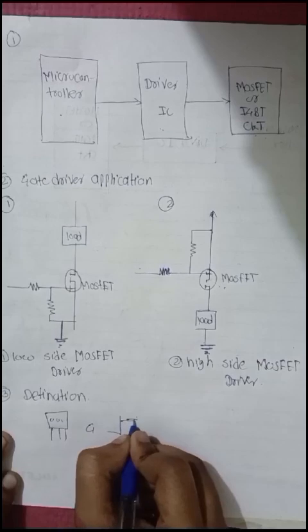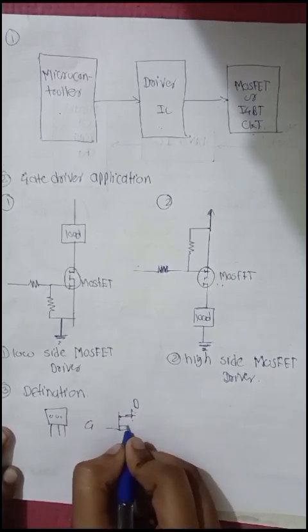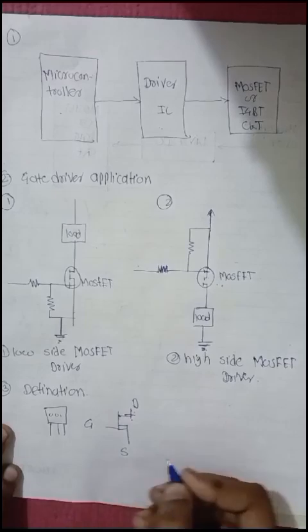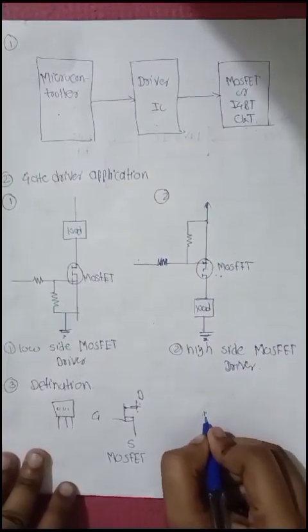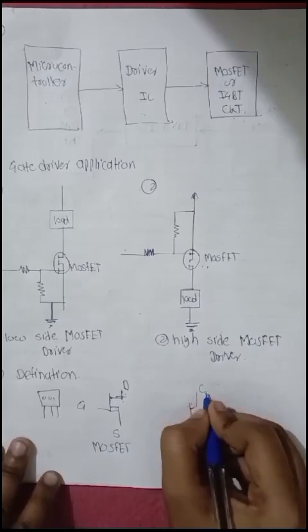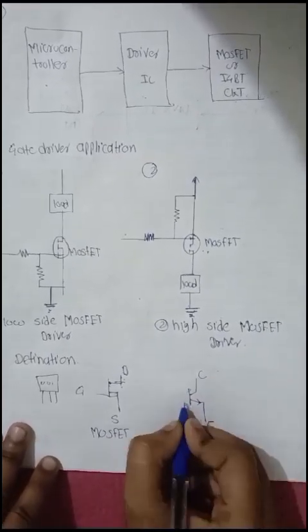Here is the gate, here is the drain, and here is the source. We will draw the diagram of an IGBT. It has a collector, an emitter, and here is the gate.